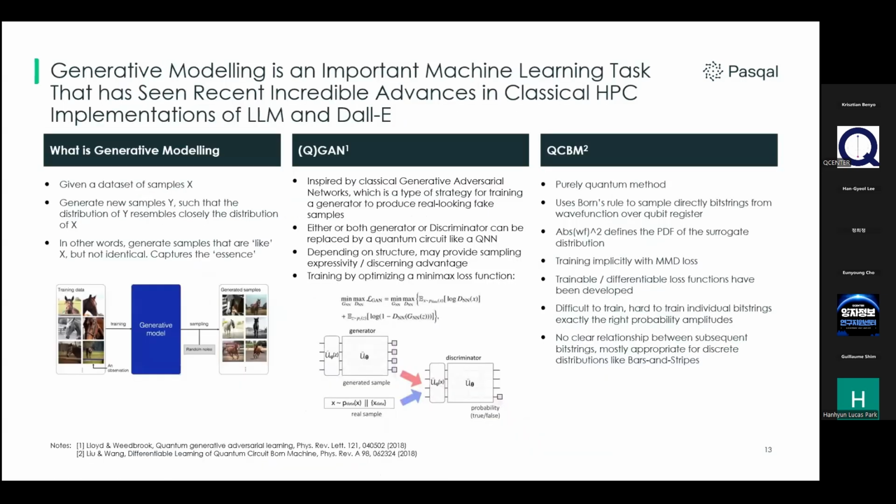Building on top of that, there is a third type of method that I wanted to illustrate, which is generative modeling, a particularly important machine learning tool that has been deployed in quite a few large language model architectures, for instance.